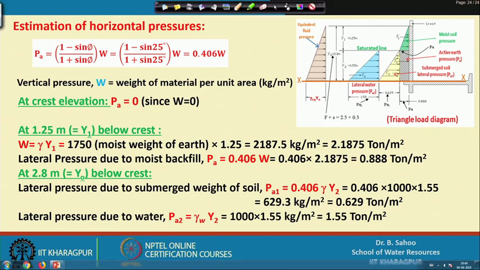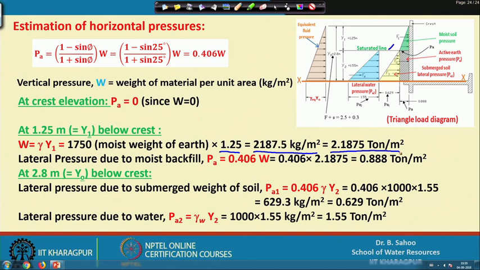So, along the saturation line you have to estimate the value of W. So, W is equal to the weight of the pressure due to the moist weight of earth. So, gamma into y 1, here gamma is given as 1750 in the question, and y 1 equal to 1.25 meter. So, you can get 2187.5 kg per meter square, and that is equal to 2.1875 ton per meter square.